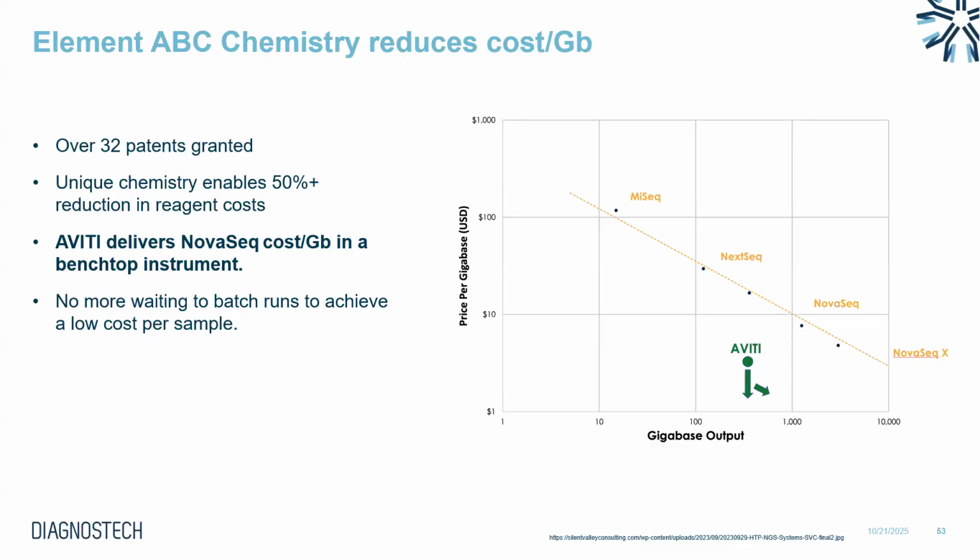You don't need to run thousands of samples at a time in order to achieve the same cost per gigabase. There's also less capital investment, which means that institutes with smaller budgets can now offer sequencing at a similar or lower cost compared to the NovaSeq, while retaining the sequencing quality, if not exceeding it.